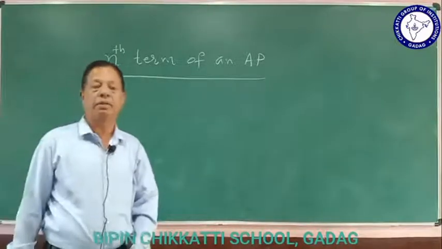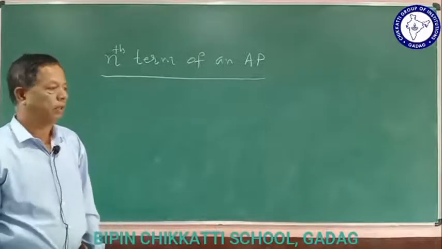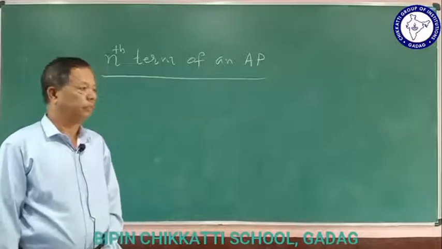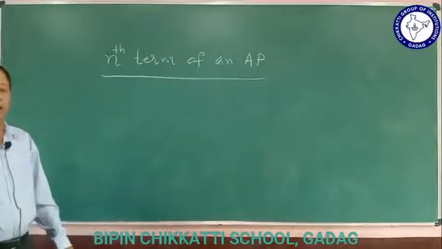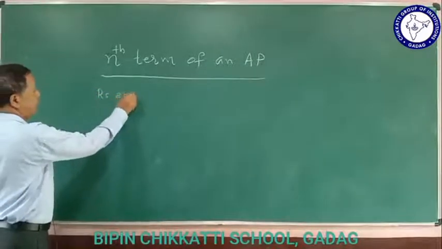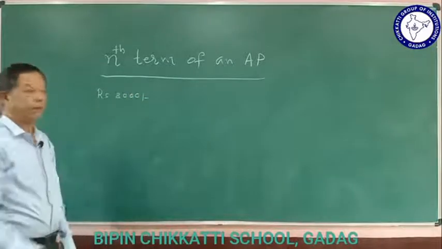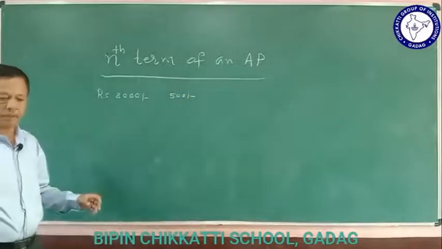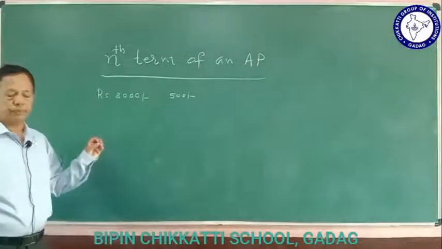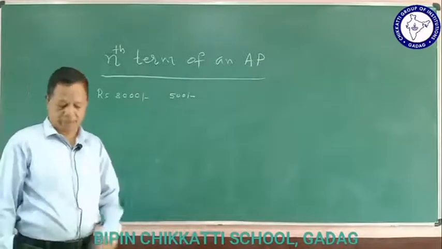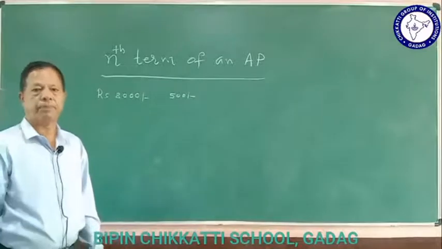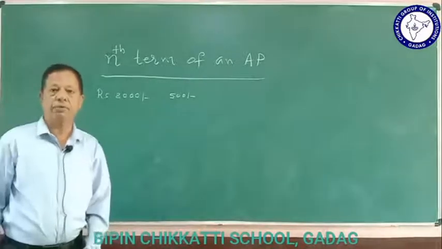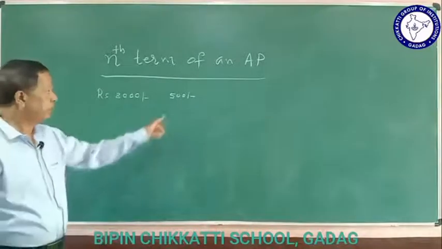Reena applied for a job and got selected. She has been offered a job with a monthly salary of Rs 8,000, with an annual increment of Rs 500. Once again, I repeat: Reena applied for a job, got selected, and has been offered a salary of Rs 8,000 per month with an annual increment of 500.